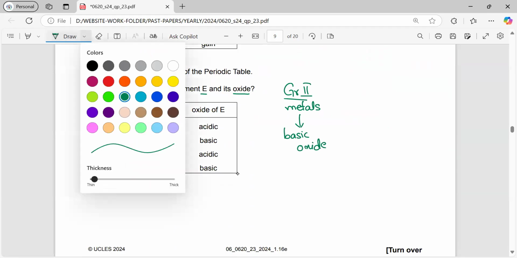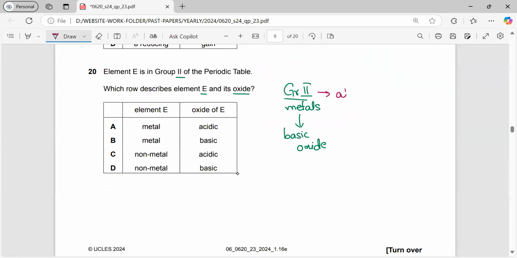Group 2 metals are also known as alkaline earth metals, and alkaline earth metal simply indicates that it forms a base, or when we dissolve it in water, it forms alkalis. So the group 2 element is a metal, and the type of oxide it forms is basic. So the answer is B.